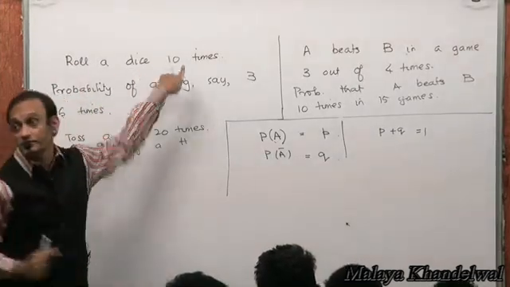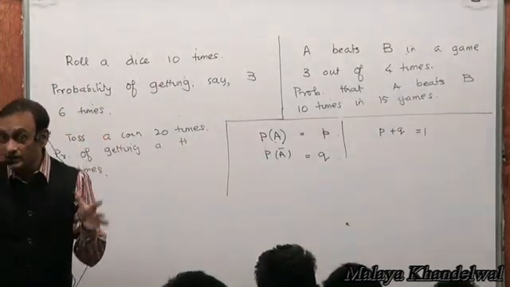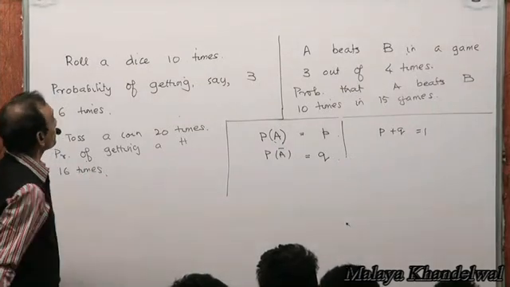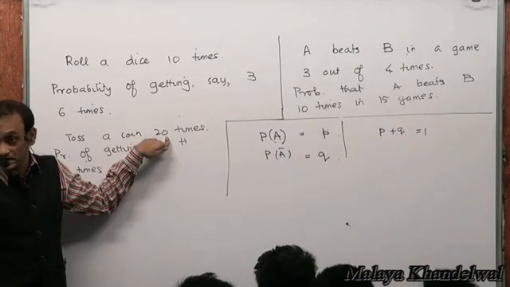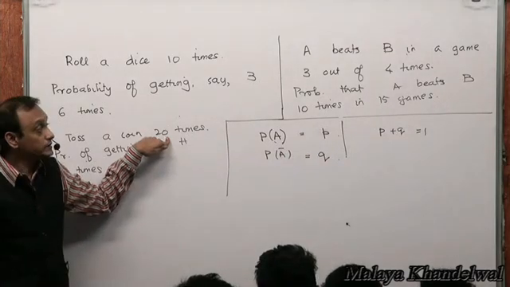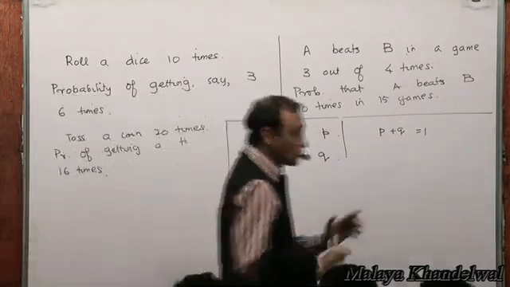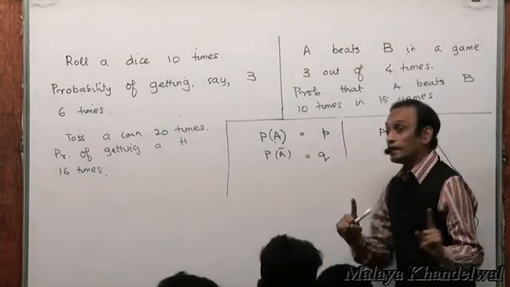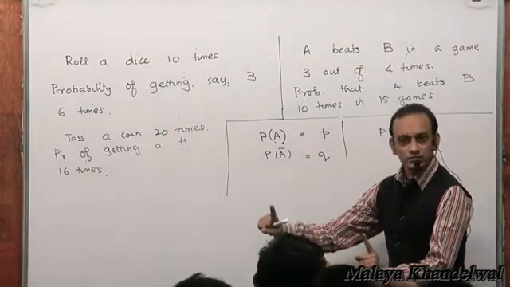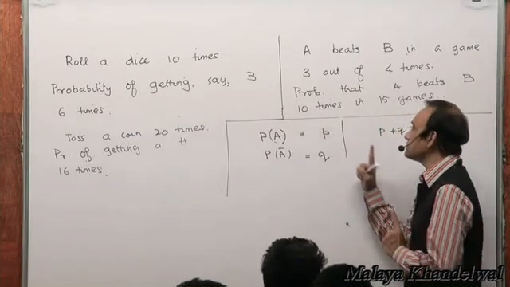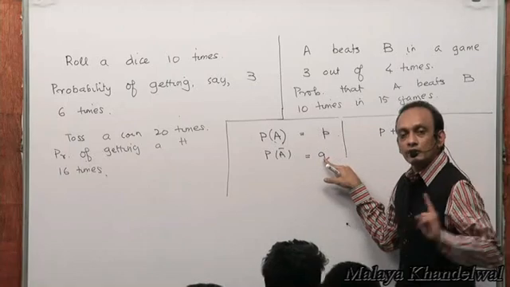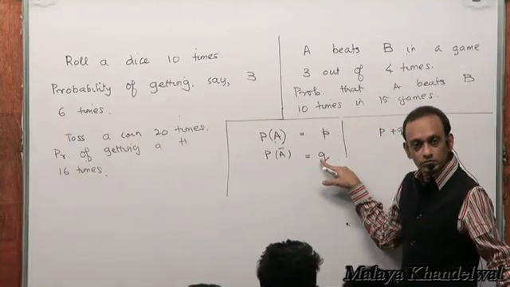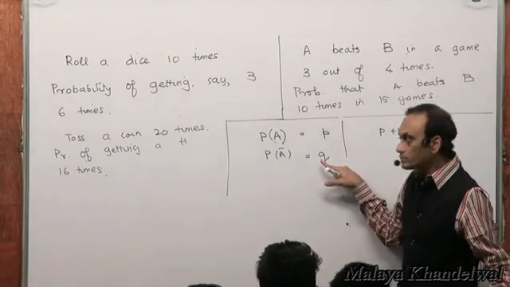Rolling a dice 10 times, number of trials are 10 here. Tossing a coin 20 times, this experiment is performed 20 times. Number of trials are 20, right? In one trial of that experiment, the probability of an event A is P and A not happening is Q. P plus Q has to be 1, right?